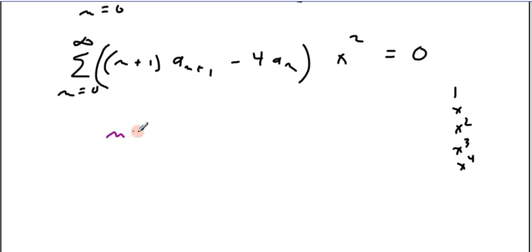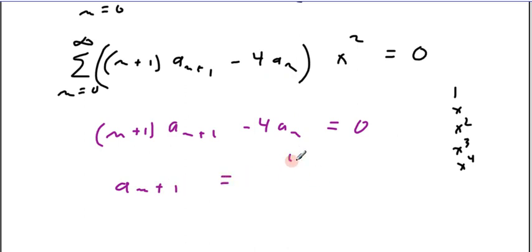I can say that n plus 1, a n plus 1 minus 4 a n has to be 0, because each of these coefficients has to be 0. Those functions are linearly independent. Okay, I do that. I'm now going to rearrange this guy. A n plus 1 is equal to 4 a n divided by n plus 1. I'm going to call that my recurring formula.